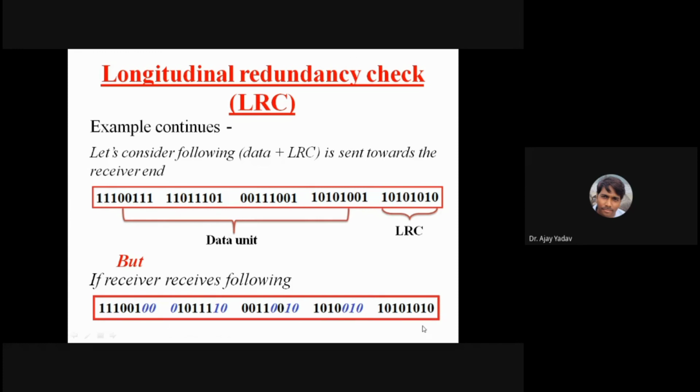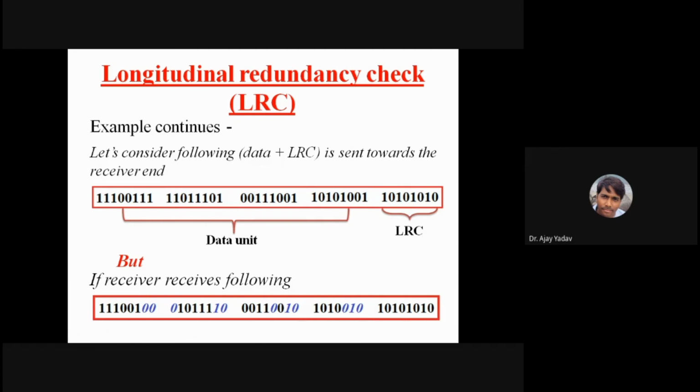LRC will remain as it is from the previous step. But since the data stream has got corrupted, there will definitely be a mismatch between the parity bits of the data and the LRC, because the LRC has not changed during transmission.